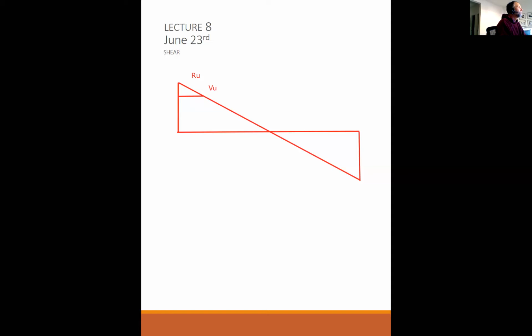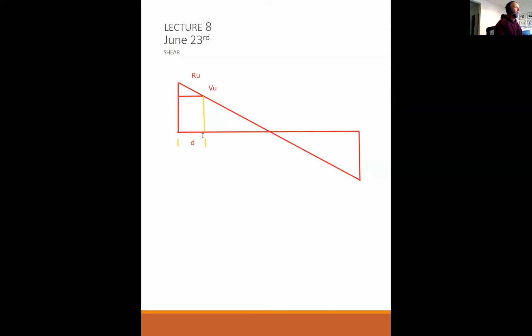VU is from the shear diagram, but it is at a distance here that is equal to d. So that's what I said, similar triangles.